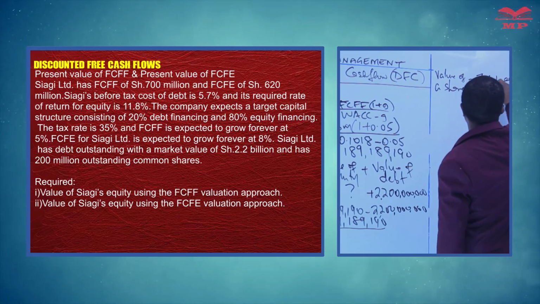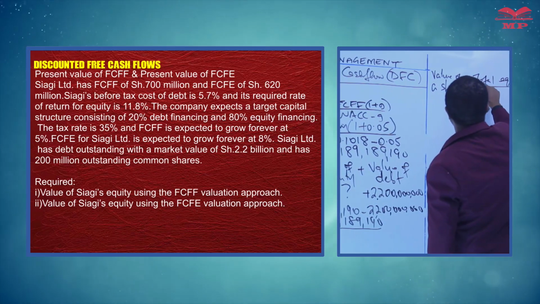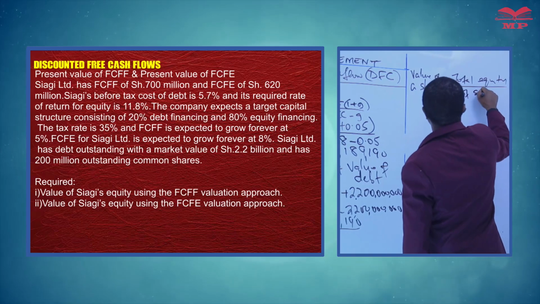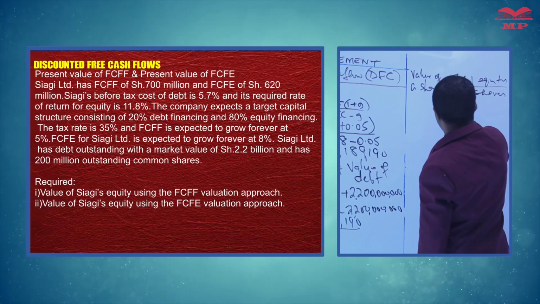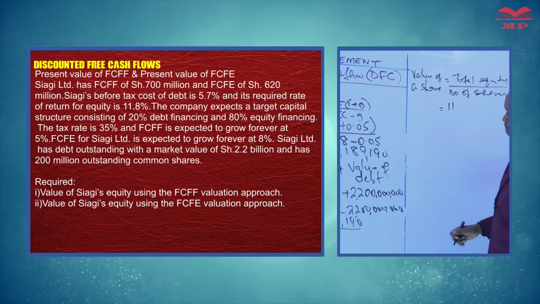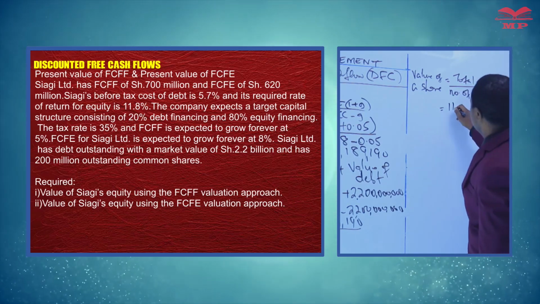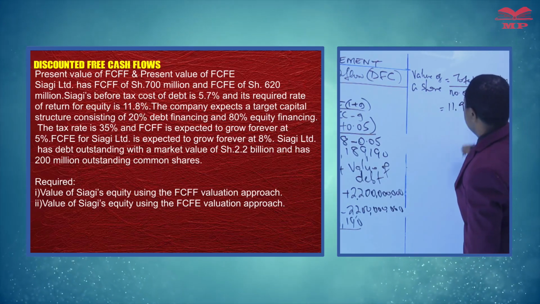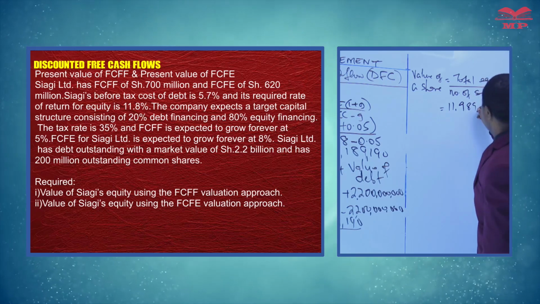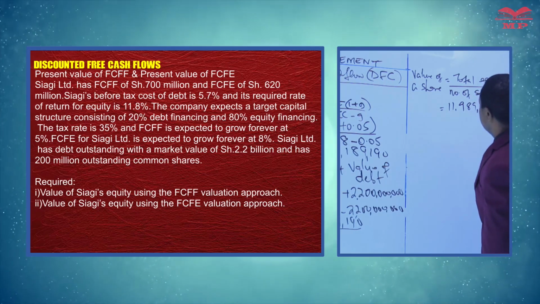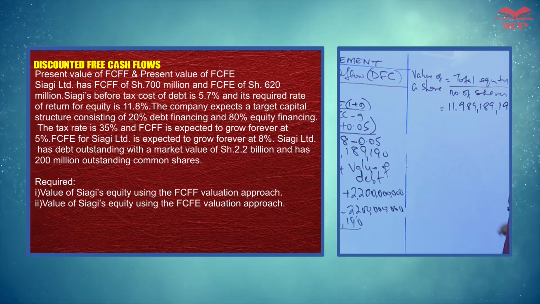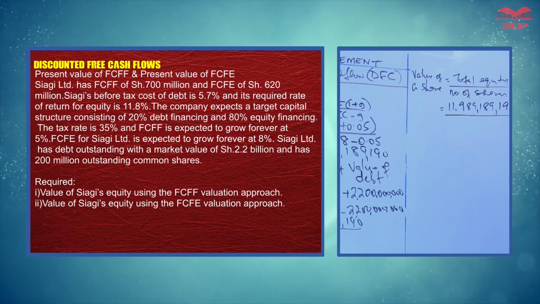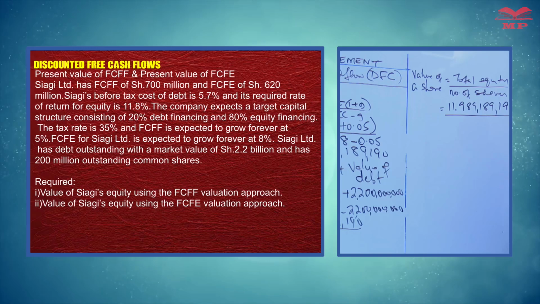We divide by the number of outstanding shares, which is equal to the 11 billion 989 million 189,190 shillings.